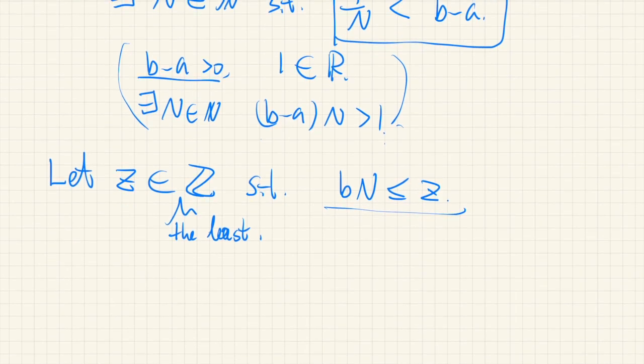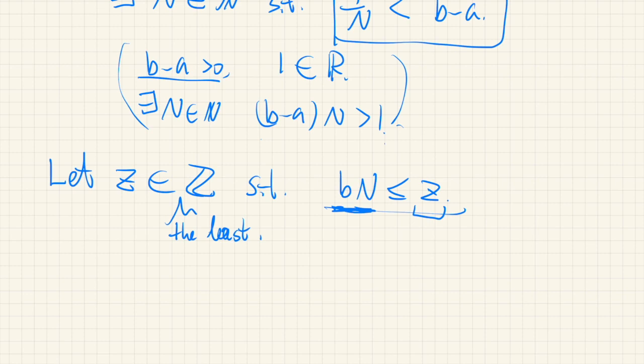Okay, what this means is this. So b is a real number and n is a natural number. So b times n is a real number. So we can always find some integers that are greater than this number, right? So among those integers, we pick the least integer, and that is named z here.